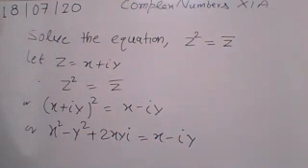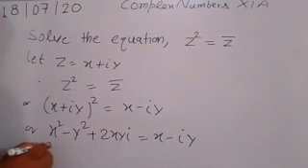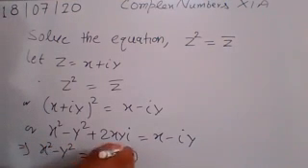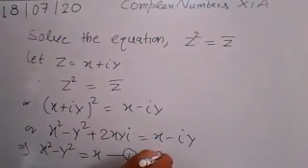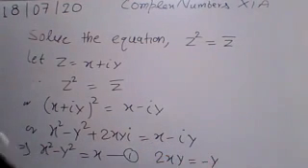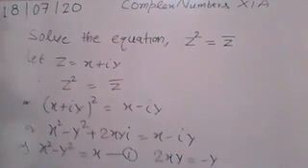Now comparing, you have x square minus y square is equal to x, that is your first equation, and 2xy is equal to minus y.